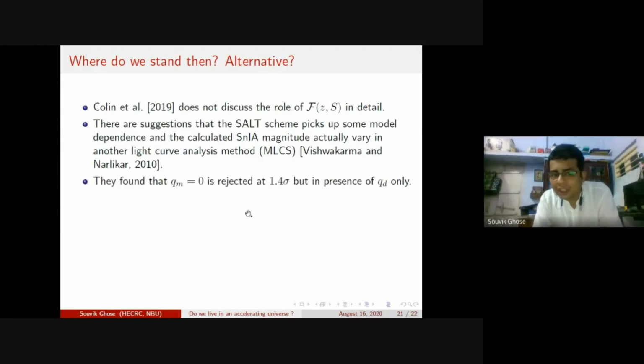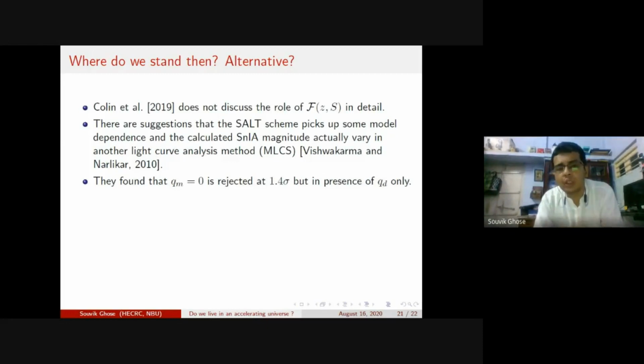They have claimed that Q_M can be rejected at more than 1.4 sigma confidence. But actually, while they claim that, Q_M means the monopolar accelerating term, whatever acceleration we call in standard models, that is accepted only at the 1.4 sigma level.